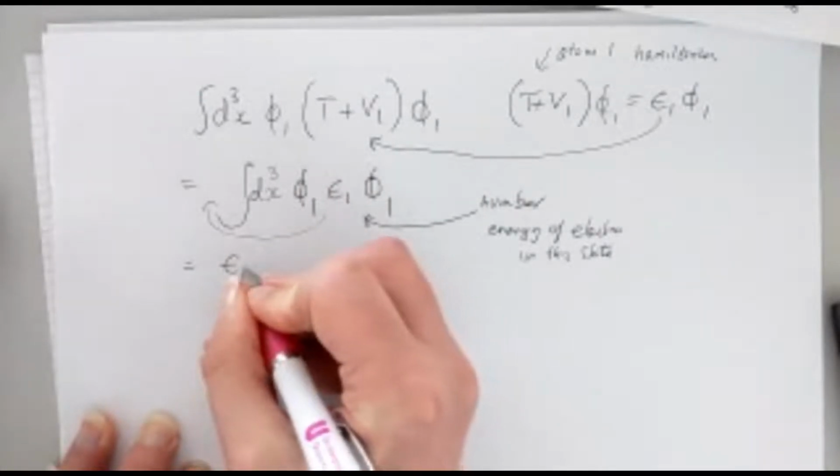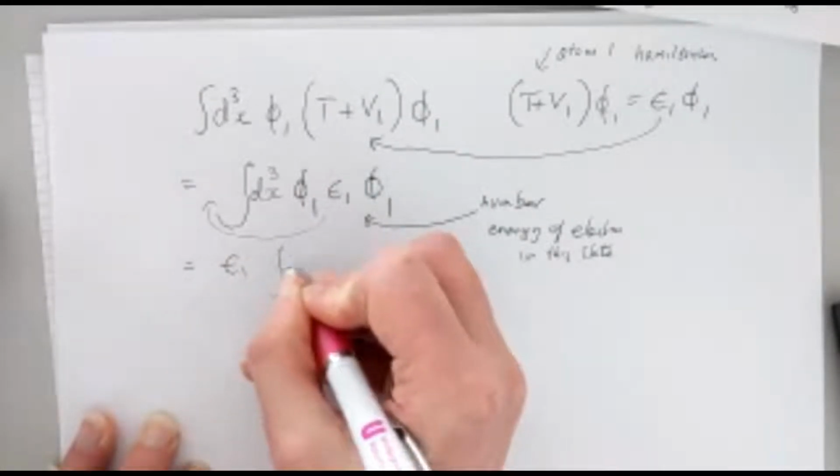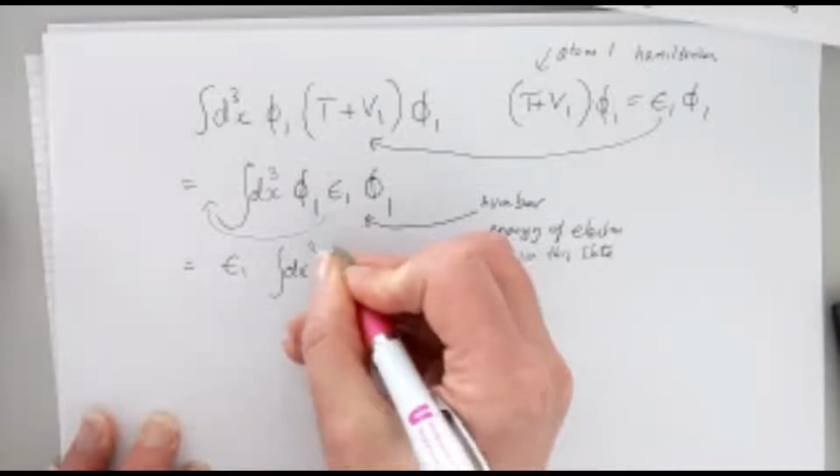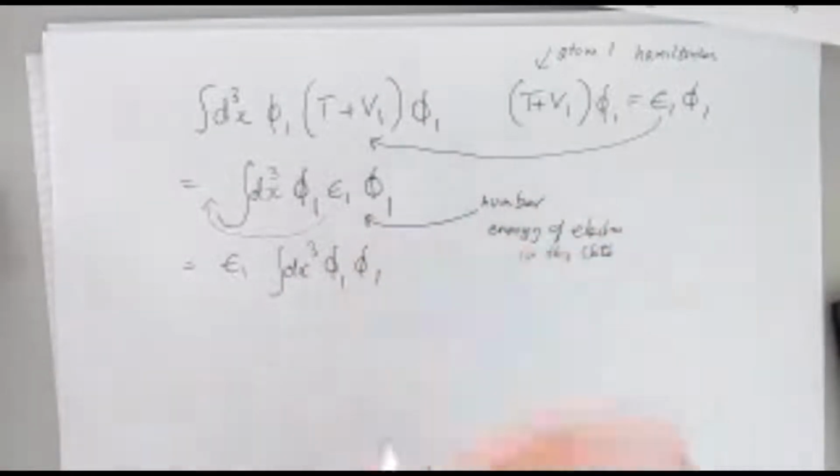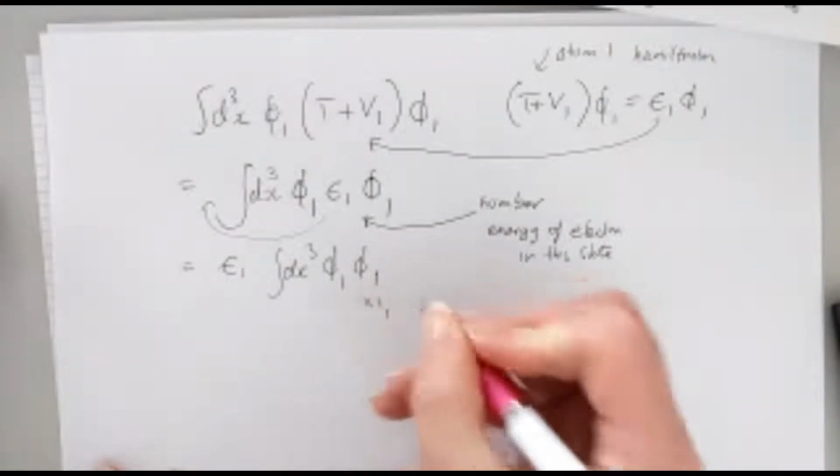So I've got epsilon 1 times the integral over all space of this basis function squared, which is equal to 1.